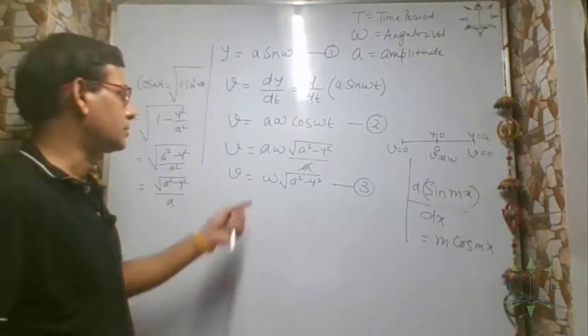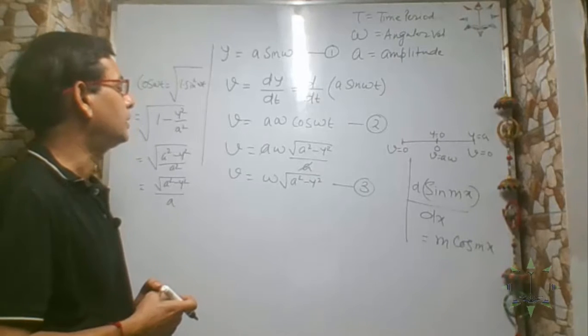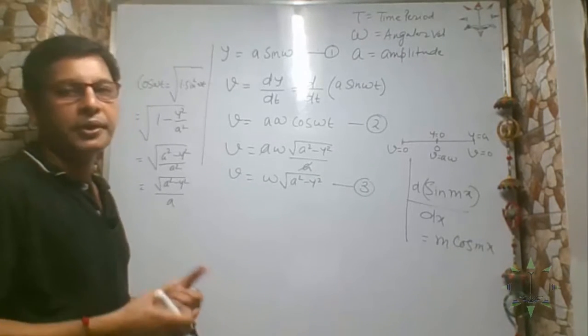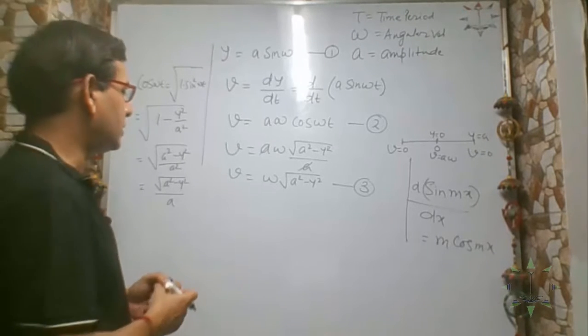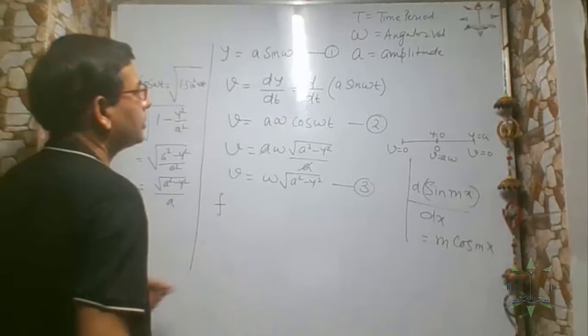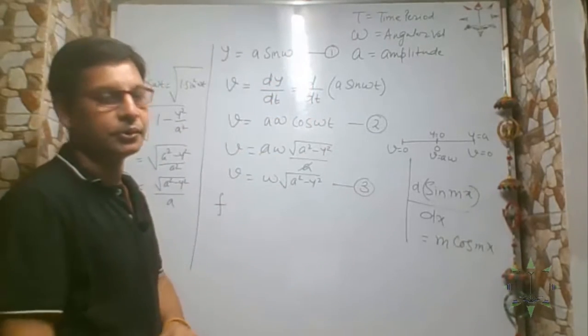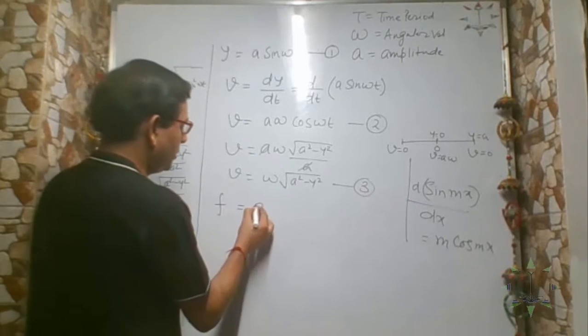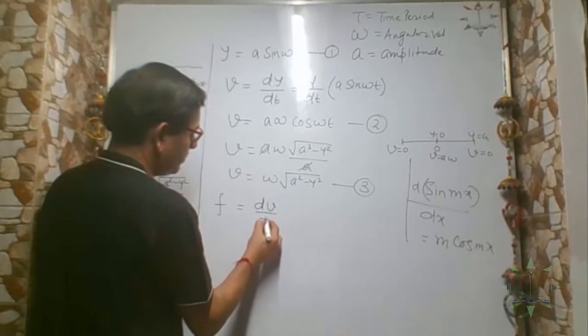Clear? So this is about the velocity of a particle in simple harmonic motion. Now similarly you can find acceleration also. I will write acceleration as f, because a we are using for amplitude. Acceleration is equal to the rate of change of velocity.